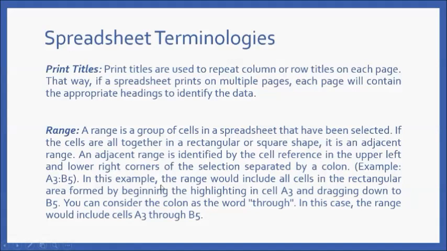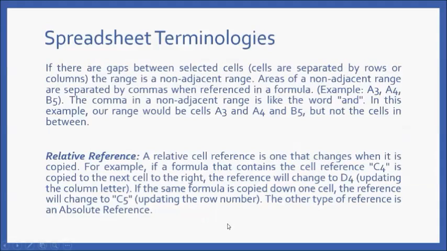In this example, the range would include all cells in a rectangular area formed by beginning the highlighting in cell A3 and dragging down to B5. So you can also consider the colon as the word through. So in this case, the range would include cells A3 through B5.